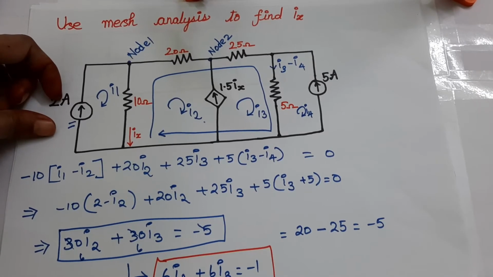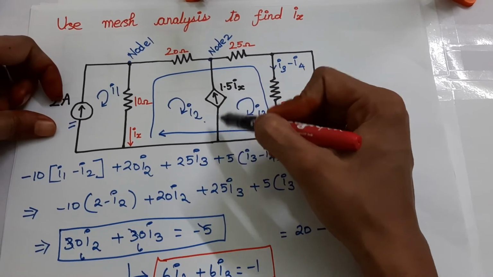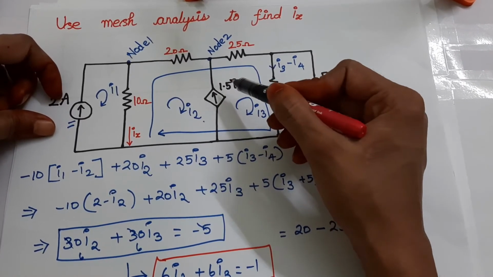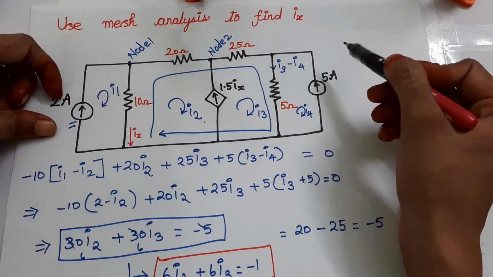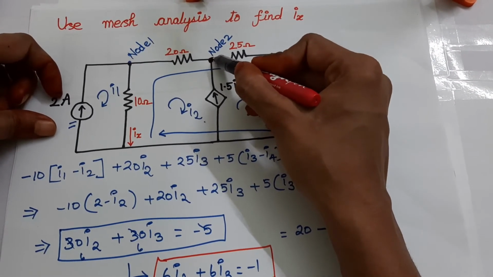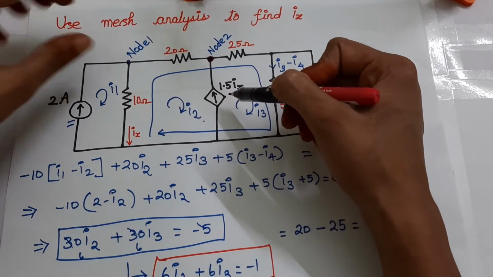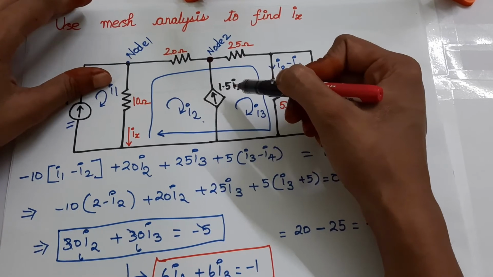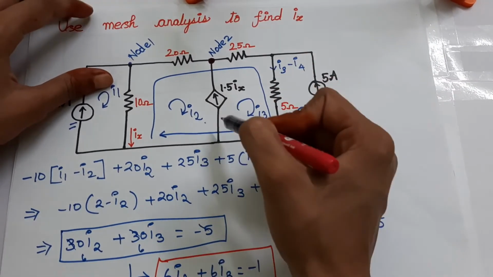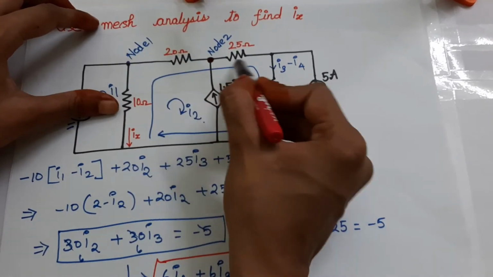We have just formed a KVL equation in the supermesh, discarding the current source that is there in between. Now, in the next step, we have to apply KCL, Kirchhoff's current law, at the node which has the current source. If we apply nodal analysis here, 1.5 Ix will be the same as this current plus this current.